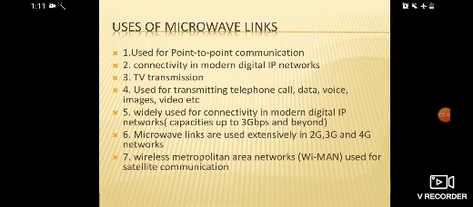What it does is receive the transmitted signal from the microwave transmitter, amplify that signal, and then retransmit it. Okay, that is the main work of a microwave link. Simply we can say that it is a transmission line between two repeaters.